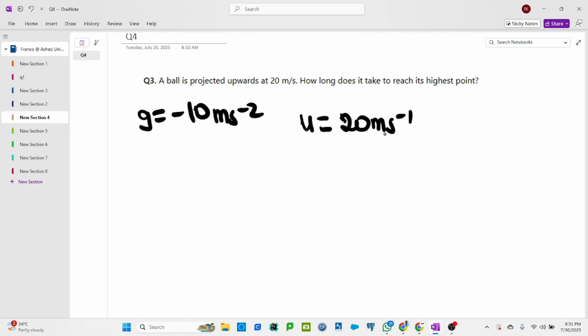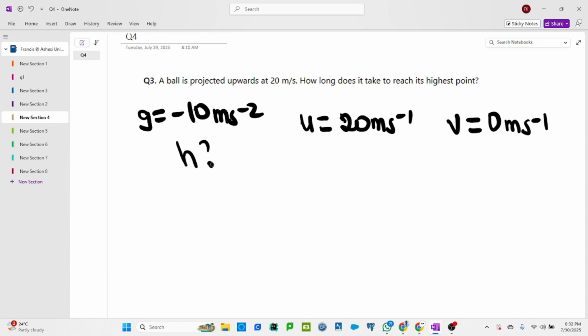Then my final velocity will be 0 meters per second. Why is it zero? Because when the ball is thrown upwards, it's going to stop mid-air before it comes down, and when it stops, the velocity is 0 meters per second. Then they said they are looking for the height.